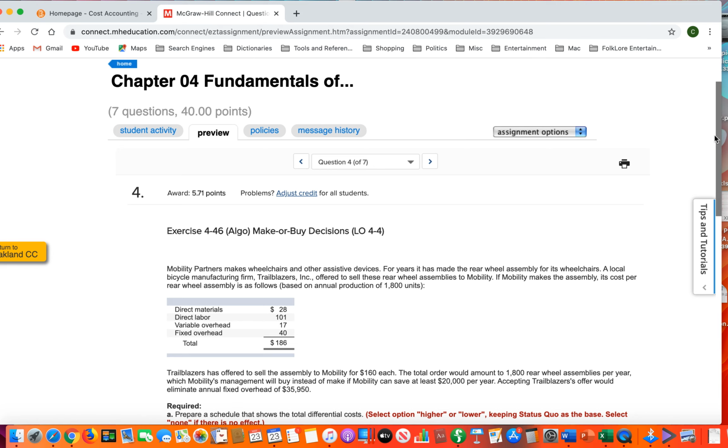Okay, so you got fixed cost here of 1,800 times 40. That's 72,000 in fixed costs, right? They're still going to have that $72,000. Then I want to make sure I'm giving you the right information here.